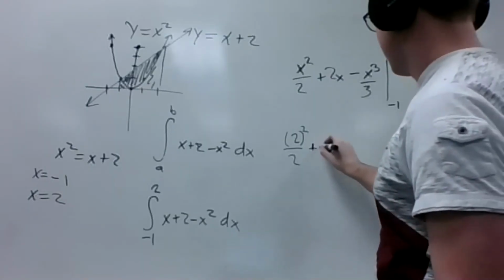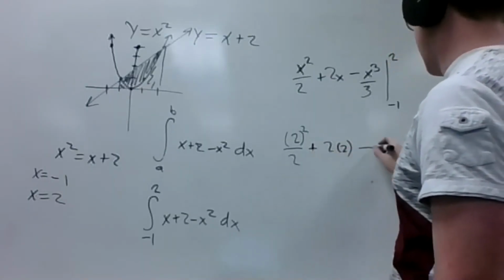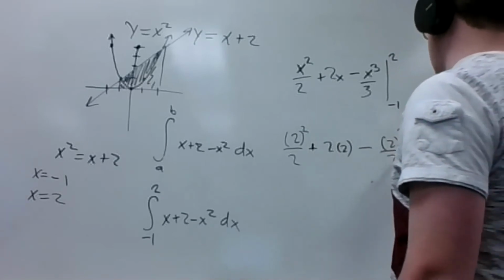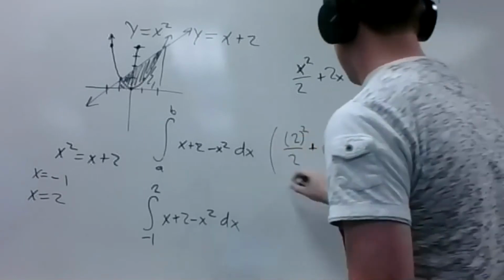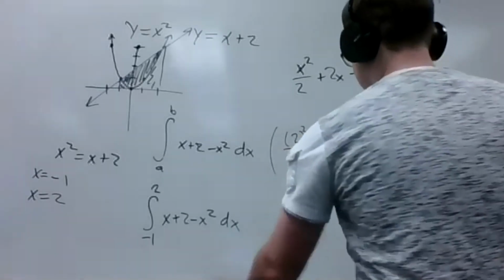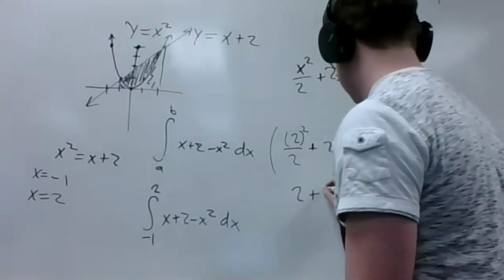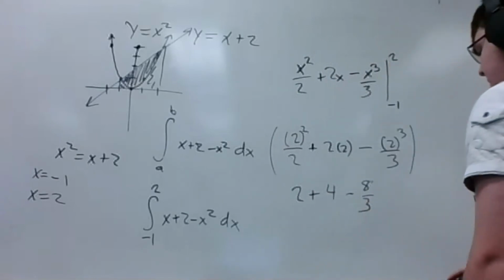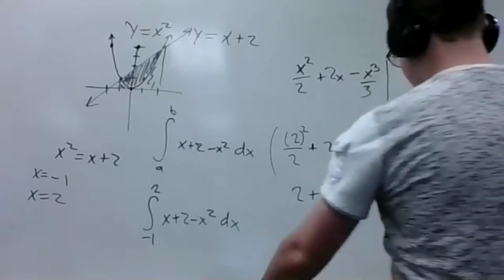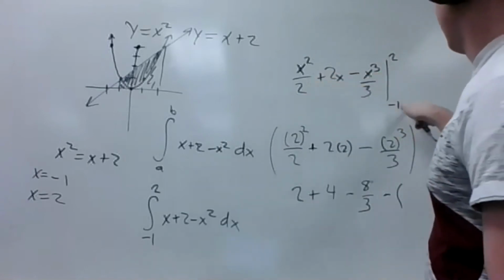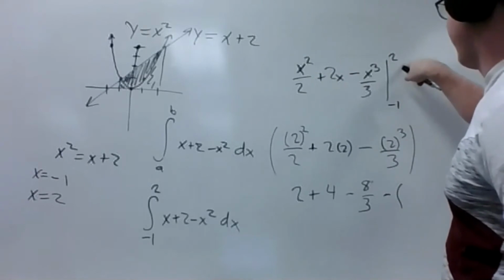All right. So then we'll continue with this, and minus 2 cubed over 3. And we're going to minus that. So let's evaluate this real quick. So this would be 4 over 2. So that's 2 plus 4 minus 8/3. And then from that, we're going to keep evaluating this integral, now we're going to do it the f of b minus f of a.